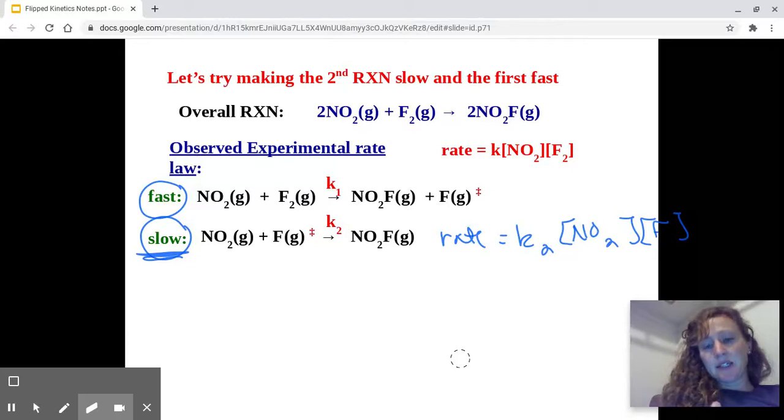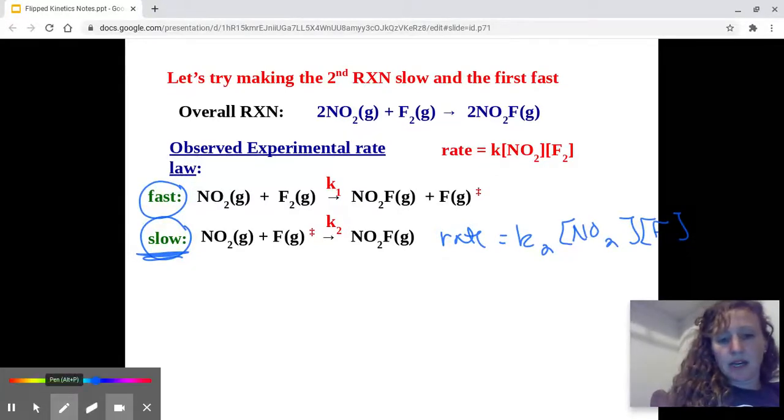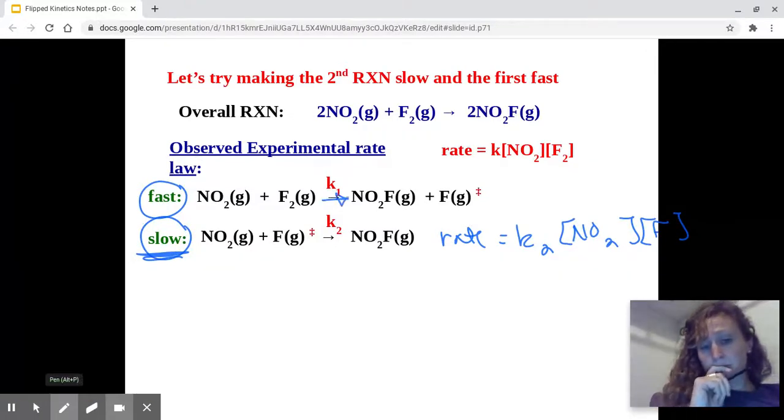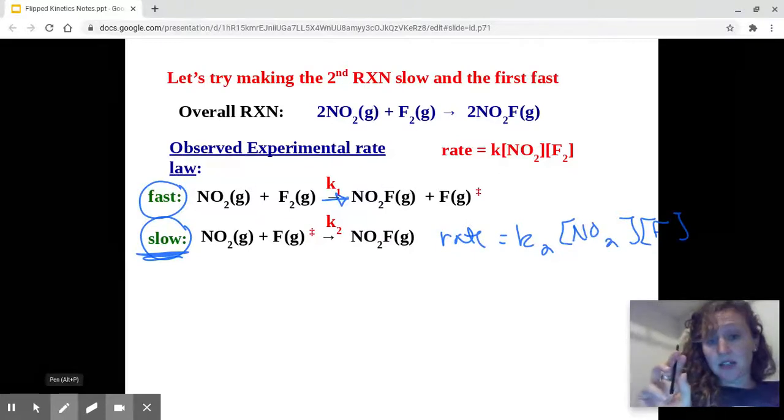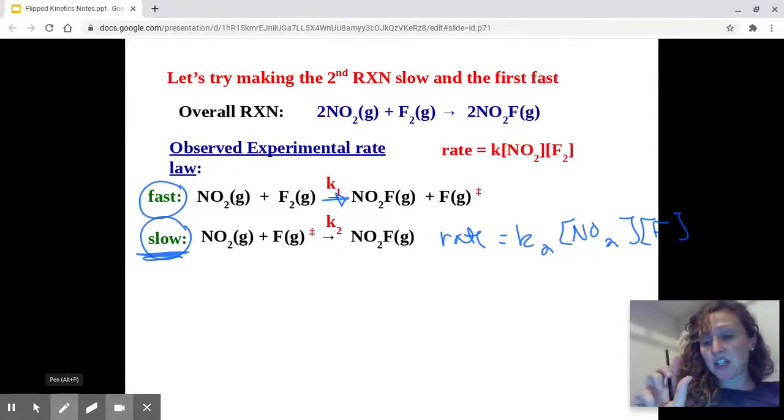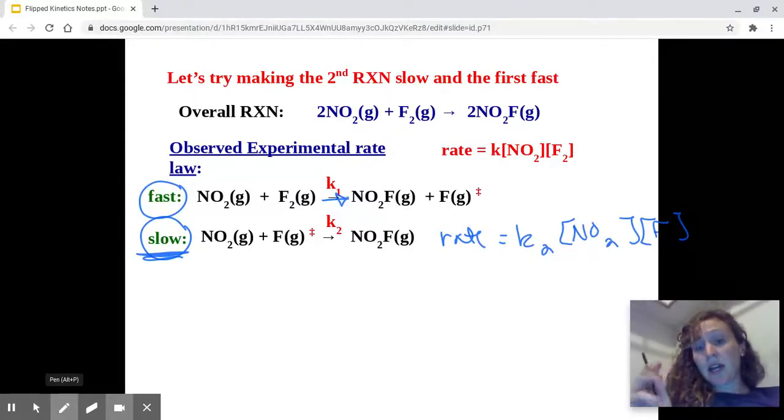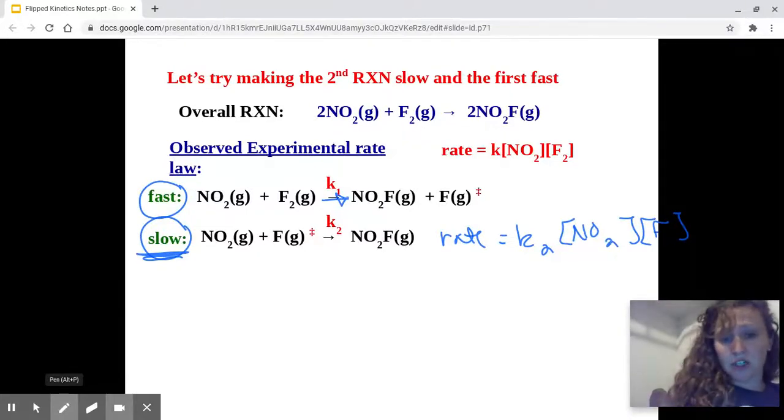And basically, we have to make an assumption. And our assumption is going to be that this reaction goes forward so fast, and these products stack up so much that the products start to collide and create a reverse reaction.